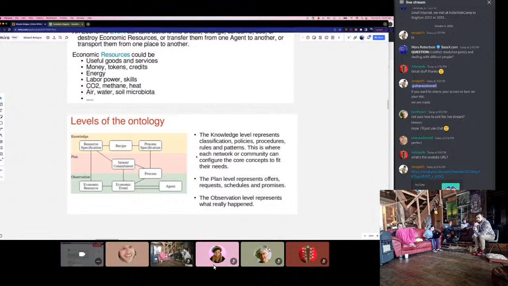The top layer is the knowledge layer, and this is for talking about specifications and recipes and processes, basically just how we do things. Then the plan layer is, okay, let's coordinate. Let's actually figure out how we want to do something. And then the observation layer is, okay, we did something and now we're going to record it.